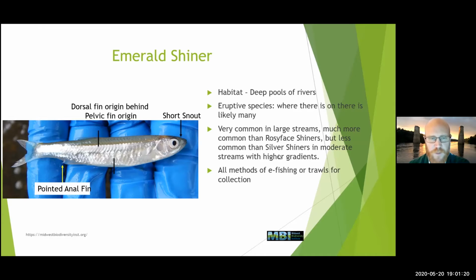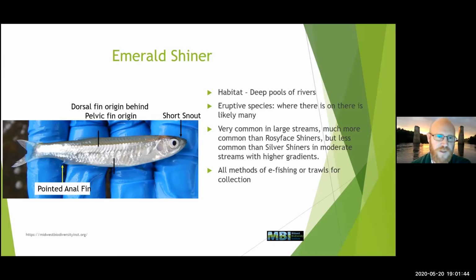They're extremely common. So when you collect, generally electrofishing, boat, wading gear, not really backpack. Seining would be hard. The pools would be too deep. And trawls, if you're in an area where you can get a boat in and stuff like that.